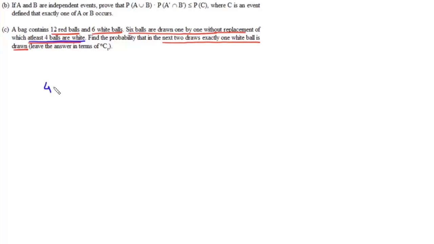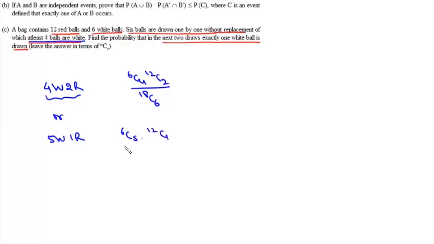Case 1 when we have 4 white and 2 red, or this case when we have 5 white and 1 red. If we find this probability, 4 white is 6C4 into 12C2 divided by 18C6, and here will be 6C5 into 12C1 upon 18C6.